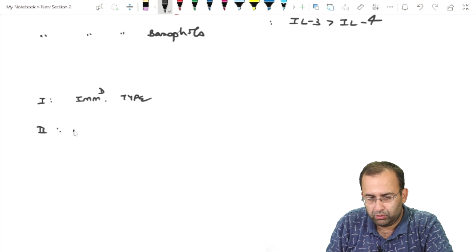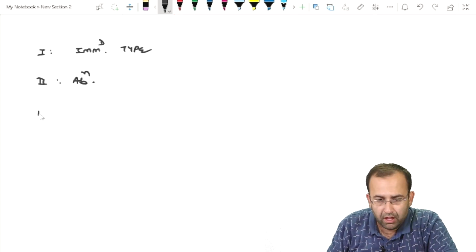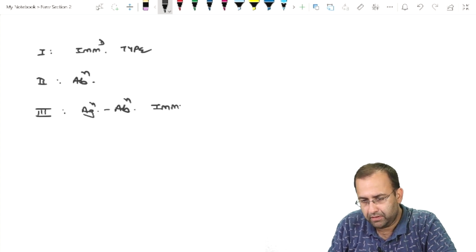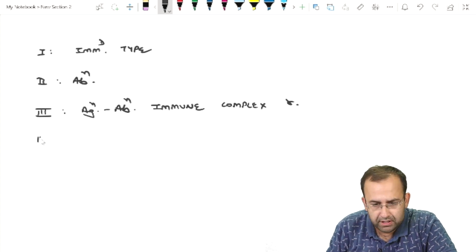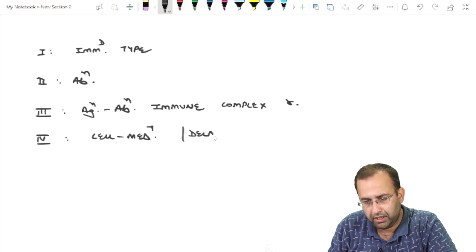Type 2 is antibody mediated. Type 3 is antigen antibody immune complex reaction. Type 4 is cell mediated or delayed type.